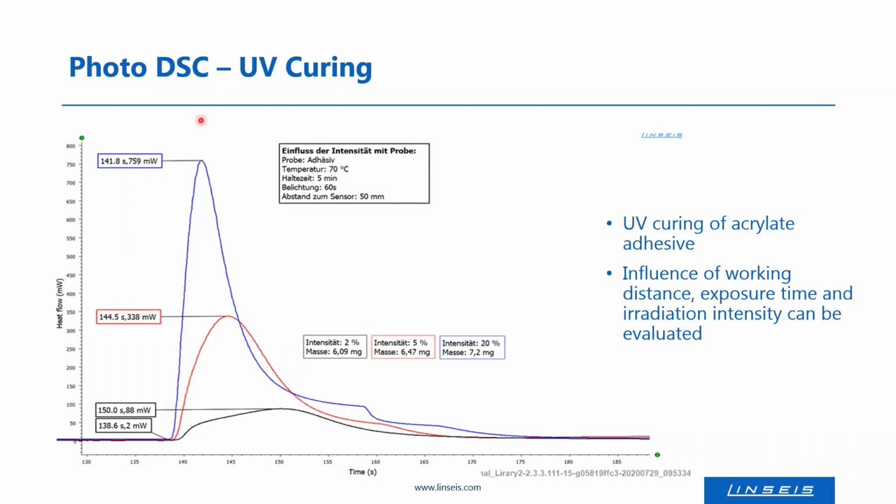And this is included in your measurement peaks. So you have an overlap of UV light and your measurement curve. And these effects you do not have with a dielectrical analyzer. It measures the dielectrical property and not the heat, and therefore it does not see the UV light, which is beneficial for UV curing samples.